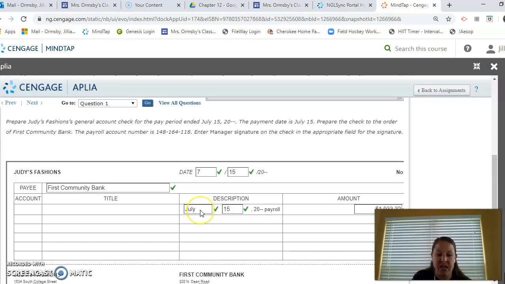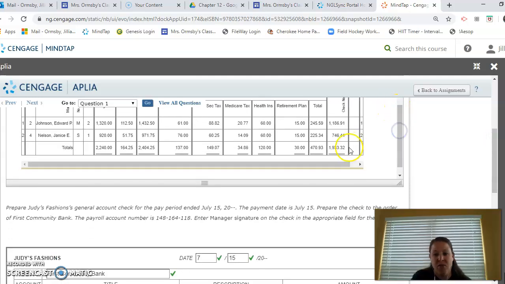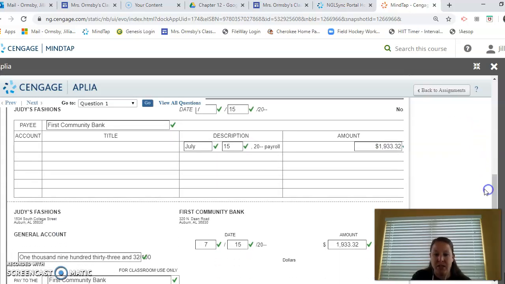The description on the check register here is July 15th payroll, and the total amount is going to be our total net pay from the top, $1,933.32. So that's the total amount that we are transferring from our general account to our payroll account.